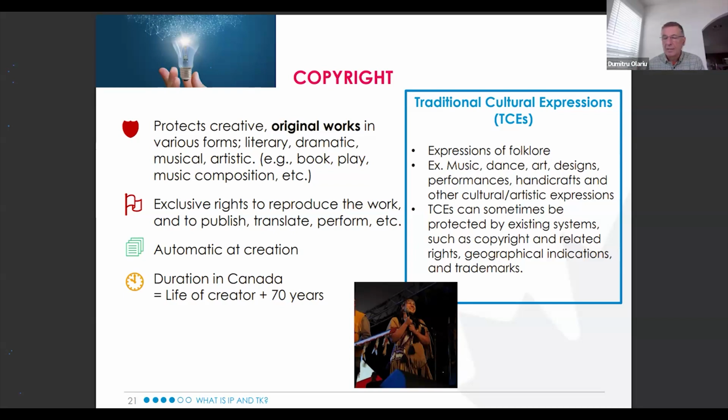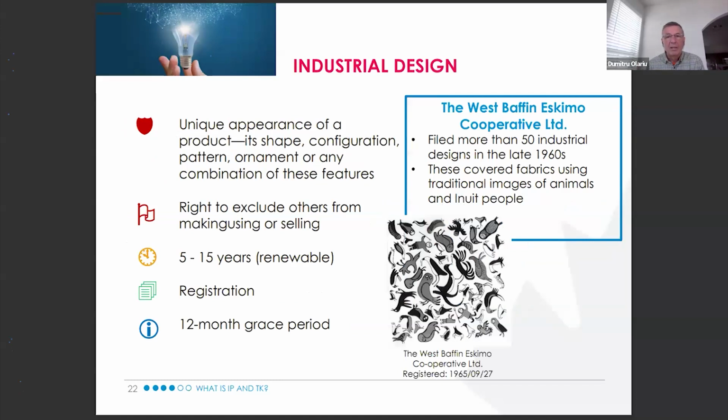So in the next slide, we talk about industrial design protection. Here, it's the shape, pattern, or ornamentation applied to a manufactured article. The example we have here, related to a creation from traditional knowledge, is a fabric that has this kind of original ornamentation.